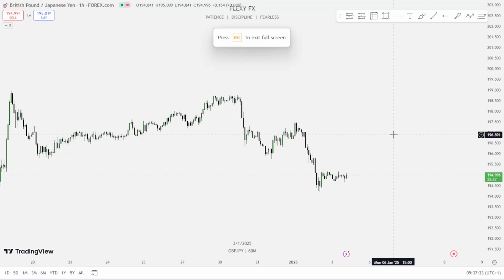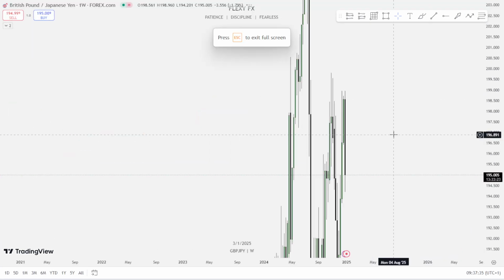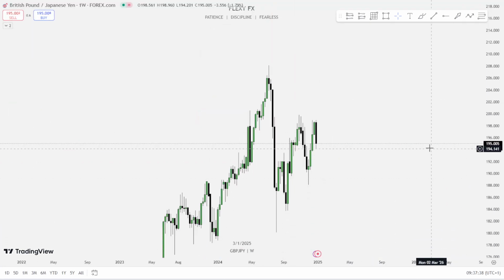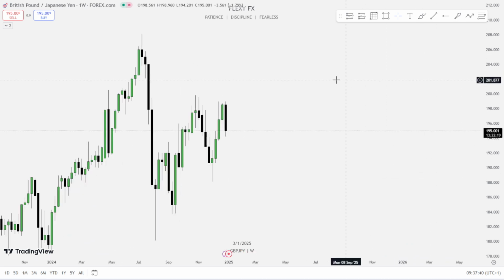Of course, as you all know, I always start my analysis on the weekly time frame to see price's overall direction.